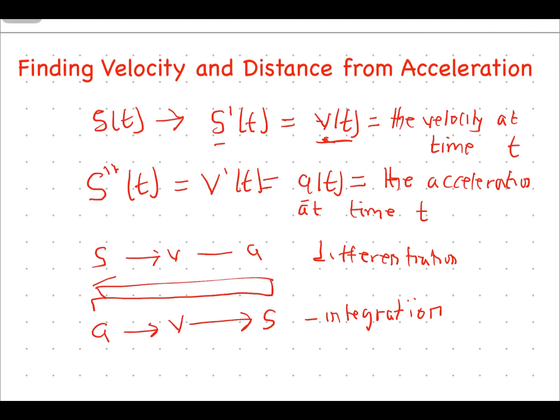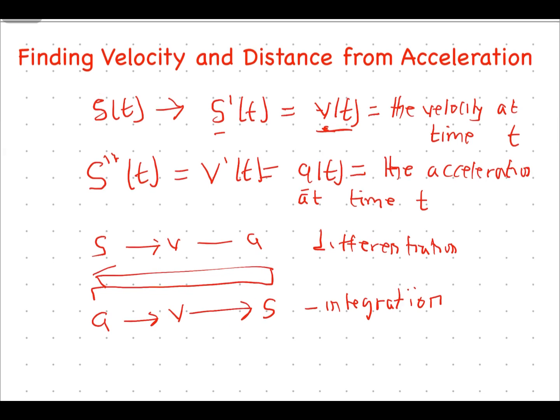So in this case, since we are not using c anywhere in our symbols over here, it means that we can use the letter c as our arbitrary constant of integration. So now that we understand that moving from distance to velocity to acceleration is differentiation, and moving from acceleration to velocity to distance is integration, let's solve some examples.